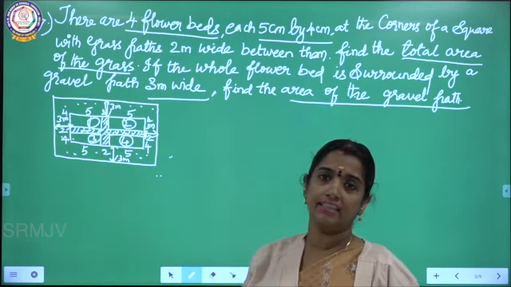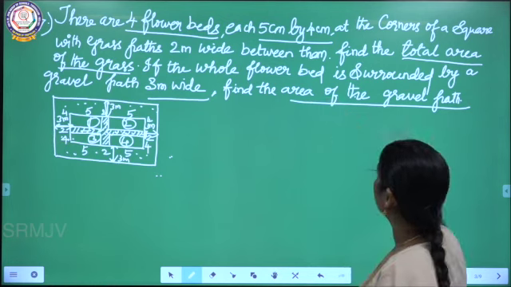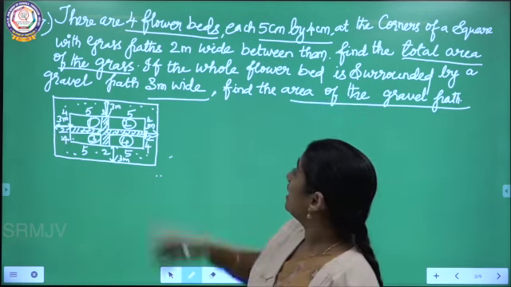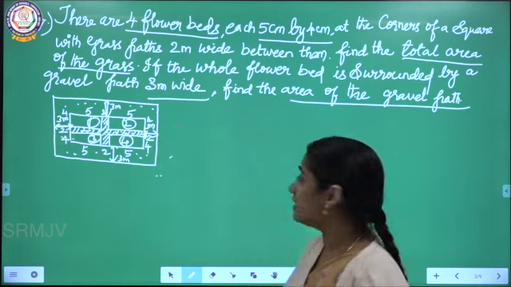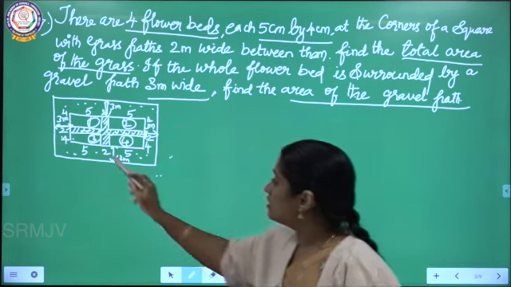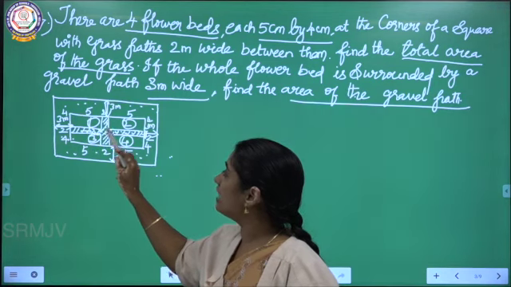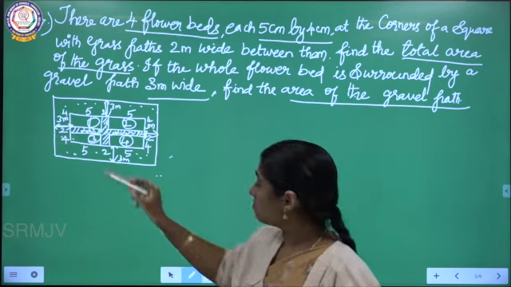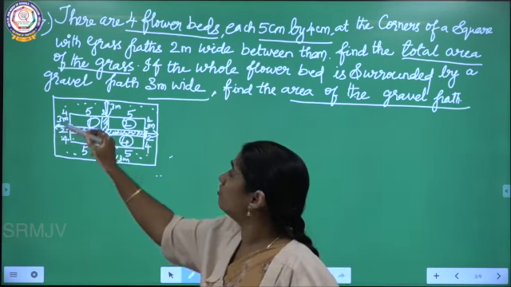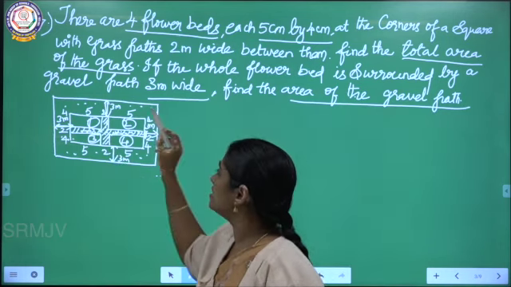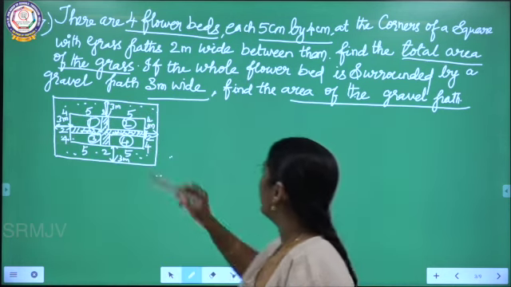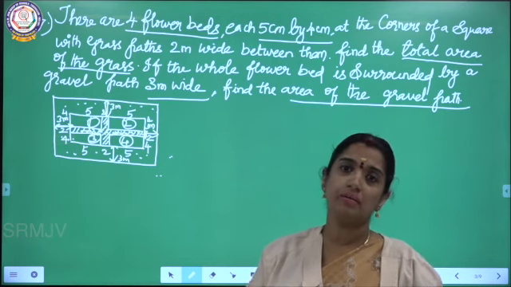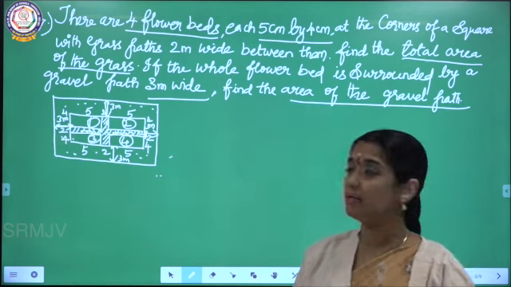If I find like that, I can find the area of the gravel path. Can you understand? So this is the area of the grass. These are the area of the gravel path. So this shaded part is the area of the gravel path. Children, shall we move on to the sum?